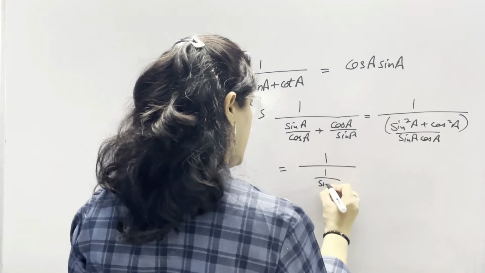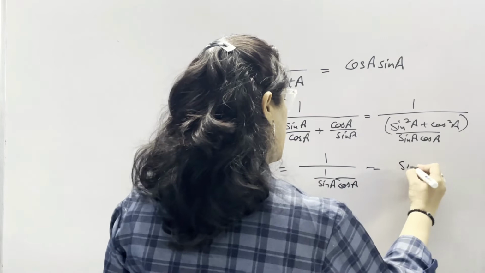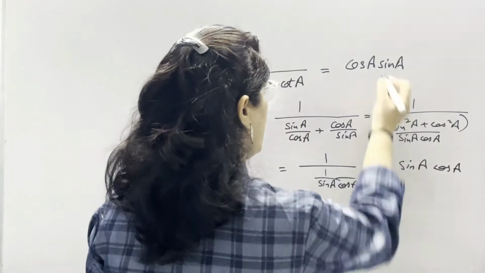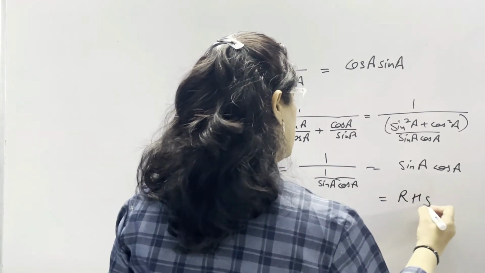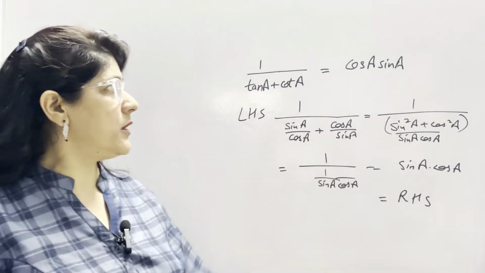So 1 upon sin A into cos A. It means sin A into cos A is our numerator now, and this is our RHS also, because multiplication is commutative. So it is cos A into sin A.